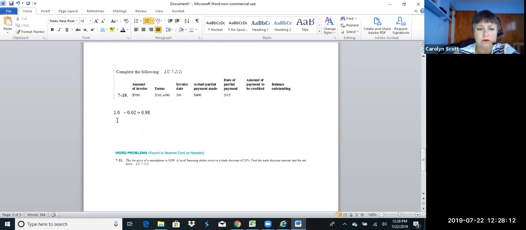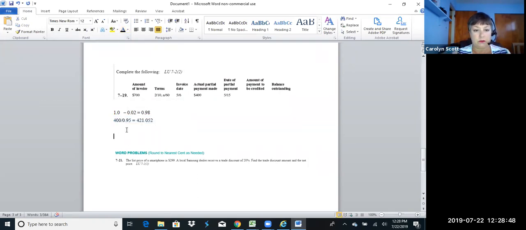So first, we find the complement, which is 1 minus the decimal equivalent of 2%, which is 0.02. So we know that we're going to pay 0.98 of the price of the actual partial payment made. We made a payment of $400. What we need to figure out is how much that's going to take off of the amount of the invoice.